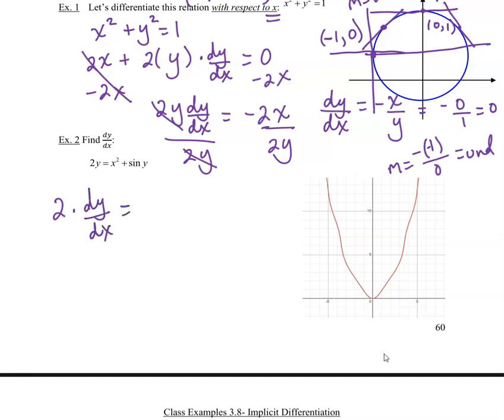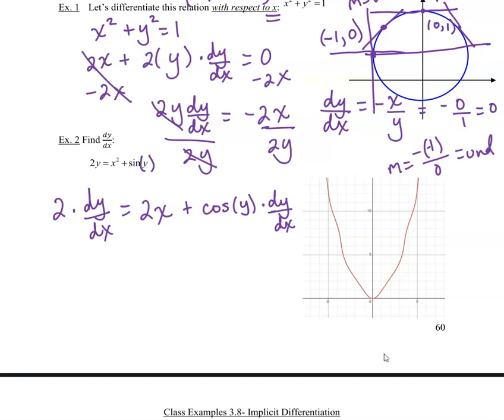So it's not just 2, you have to take the derivative of y, which is dy dx. Equals x squared, derivative would be 2x, plus the derivative of sine of y. So think of sine as your outer function, y as your inner function. Derivative of the outer evaluated at the inner times the derivative of the inner function, dy dx.